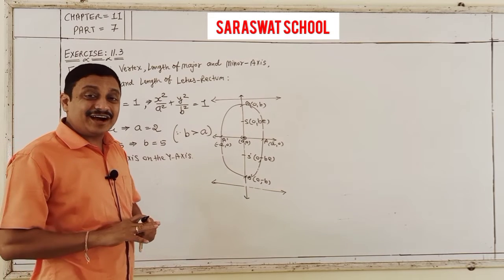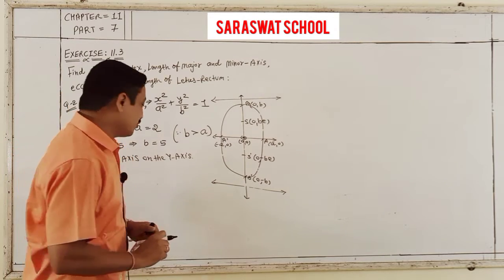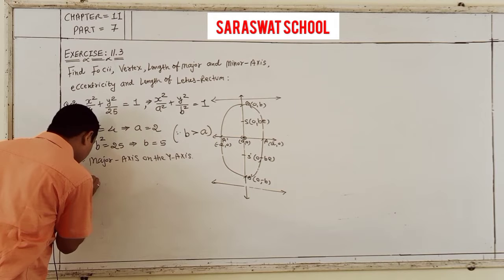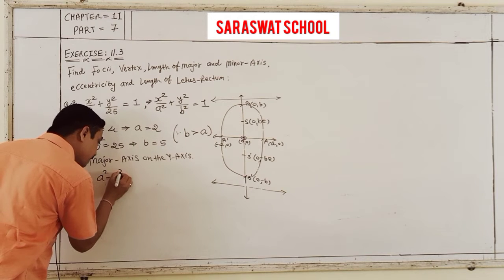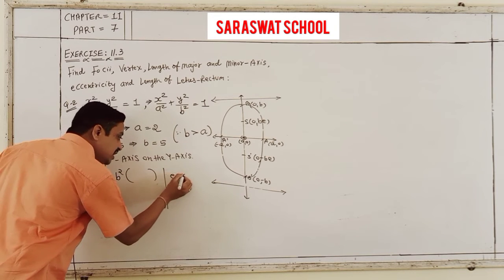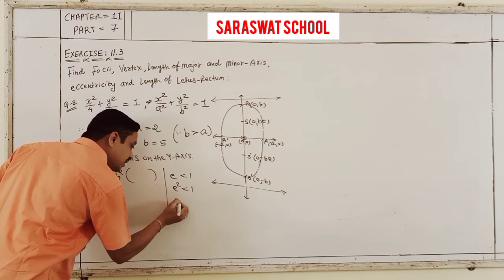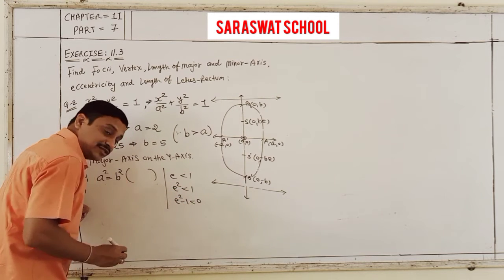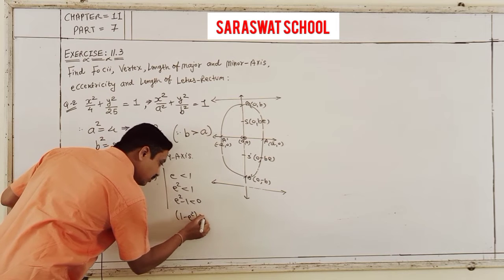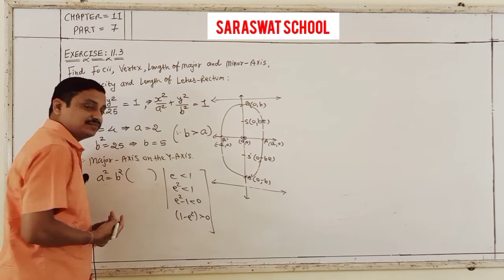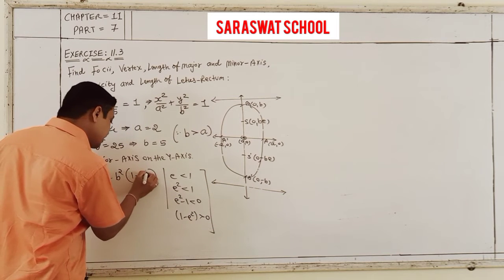Now we use our statement number 3 formula. Now you know the formula a square is equal to b square, and the condition is e less than 1, e square less than 1, e square minus 1 less than 0, 1 minus e square greater than 0. And here write down 1 minus e square.